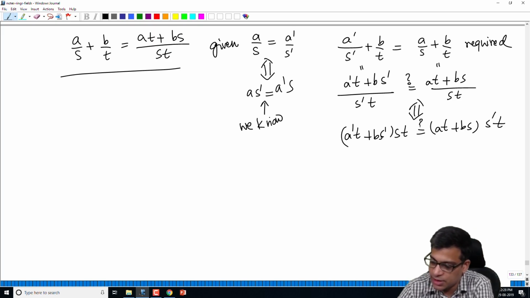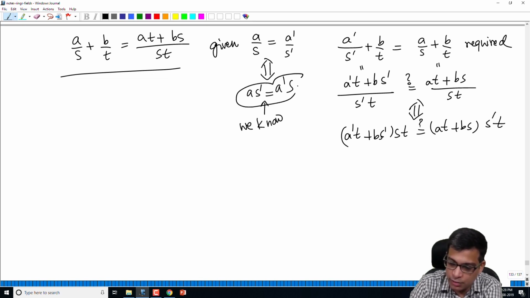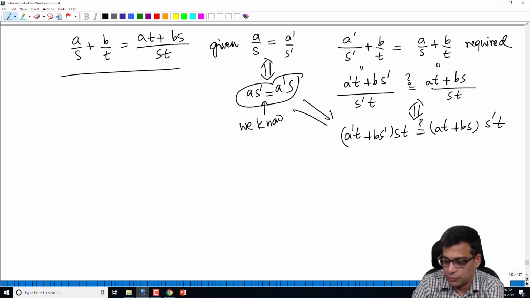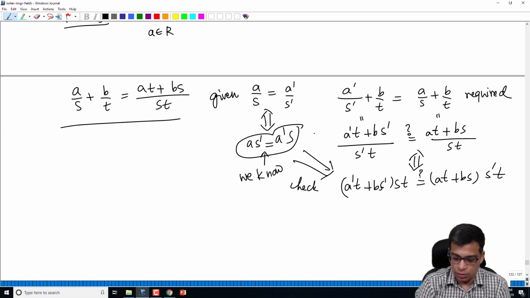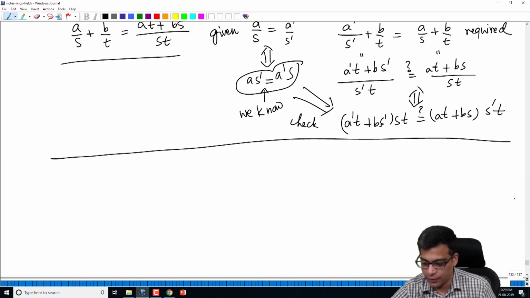And now you can just expand this out and you see that using this fact, we can get this fact. So you check this. All you need to do is multiply this out and cancel some common terms and you will get what you want. So that I will leave you to check. So this shows that it's well defined.